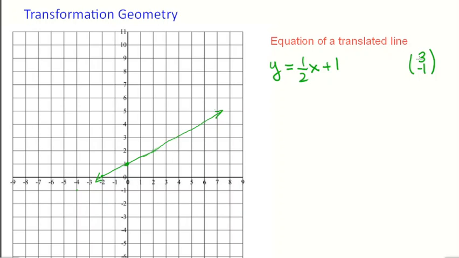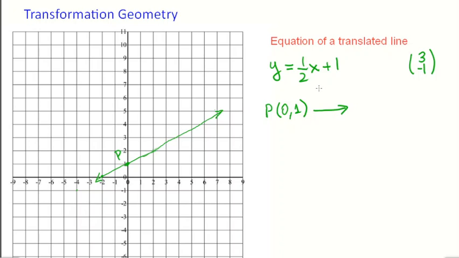Now, I have translated 3 and -1. So there's a point here that I know is part of my function. I call that point P. And what would be the coordinates of that point P? Well, x equals 0 and y equals 1. So those are the coordinates.